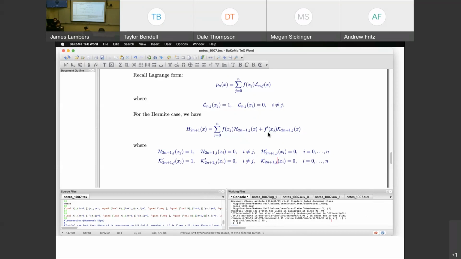And it turns out that the Lagrange polynomials will help us do that. Now, for one thing, if you take a look at the h's, for instance, when i is not equal to j, h is 0, and h prime is 0.